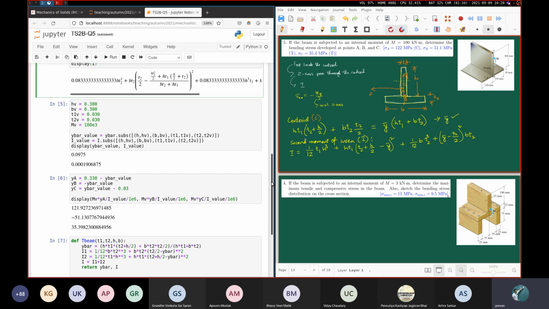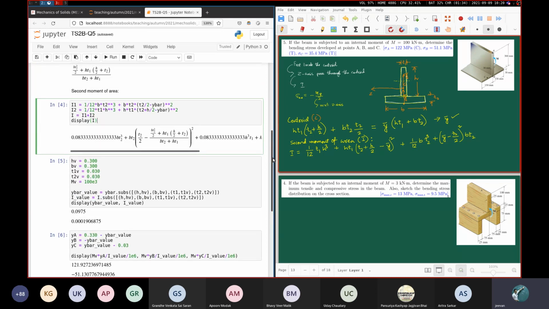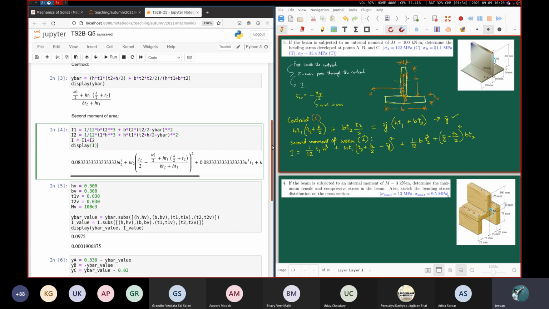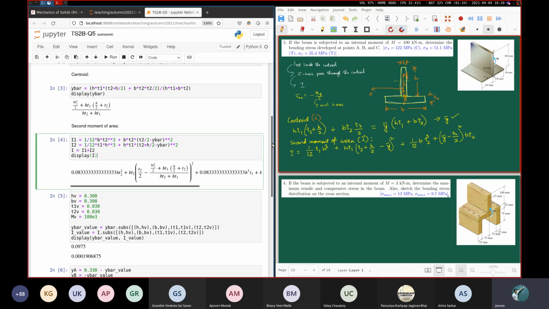The reason I'm showing this in Python is that I think it may be useful for you to prepare a little script for each of these common types of cross sections and keep it handy: for the T cross section, the I cross section, the C cross section, maybe even for the semicircle, rectangle, which is very easy, triangle, these kinds of things.